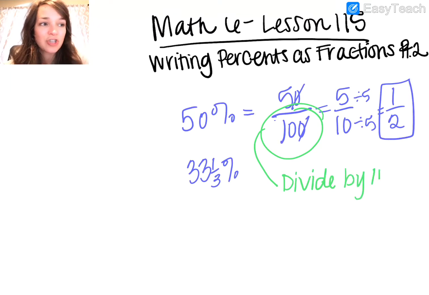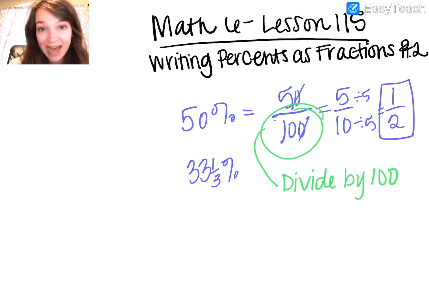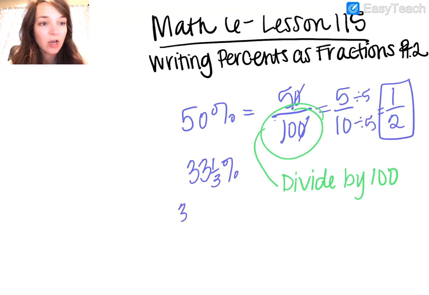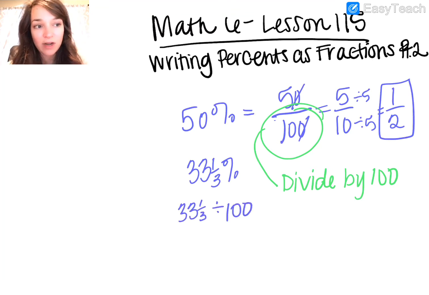So we can still do that, but it's just going to look a little different. Another format for dividing by 100 would be 33 1/3 divided by 100, which is a little bit easier because we're not putting a fraction within a fraction.